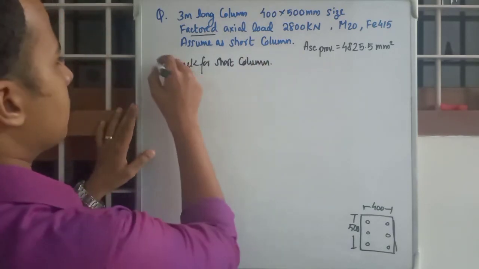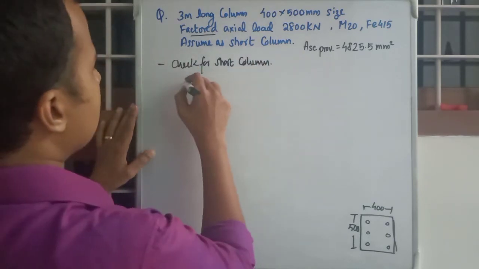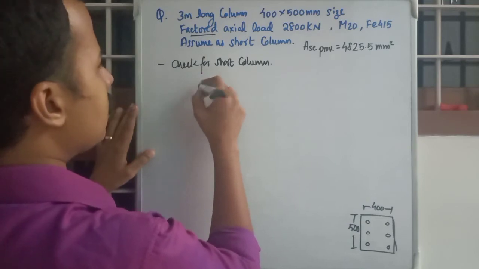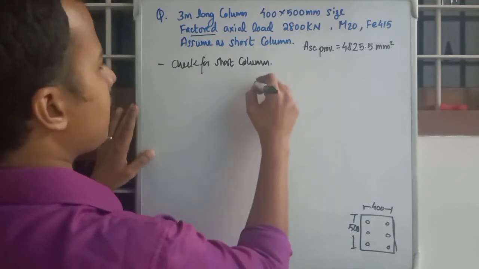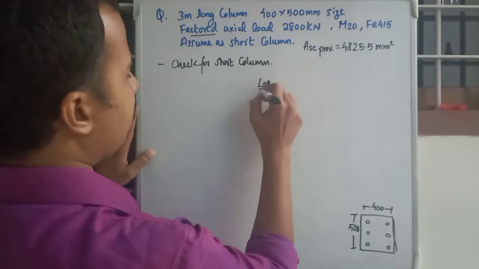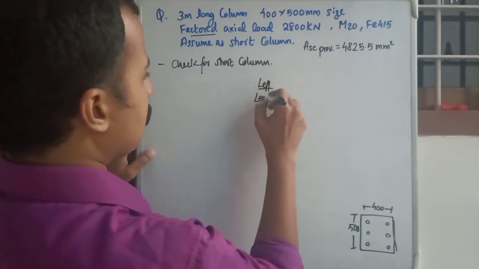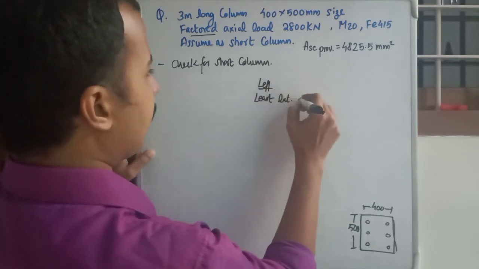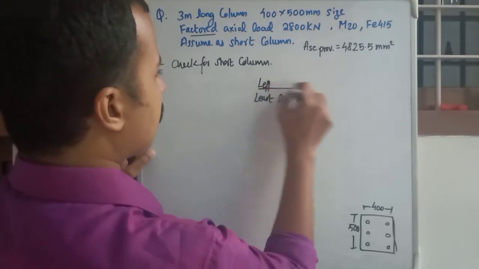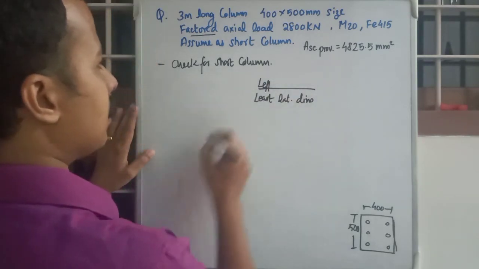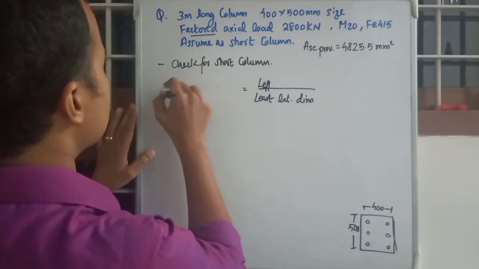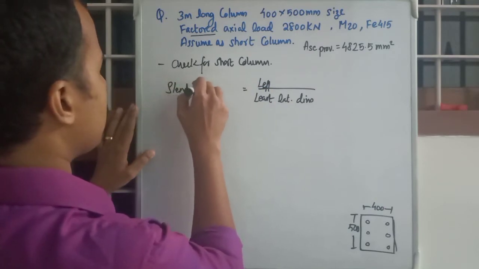For that we will need to find the ratio L effective by least lateral dimension. This ratio is known as the slenderness ratio.